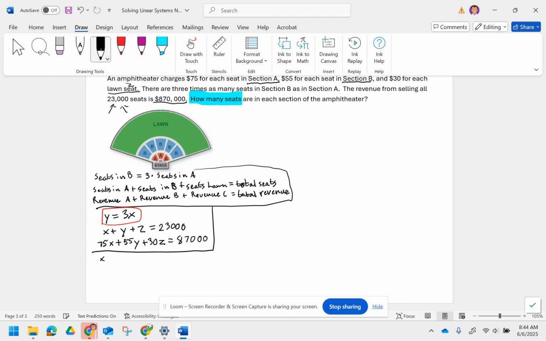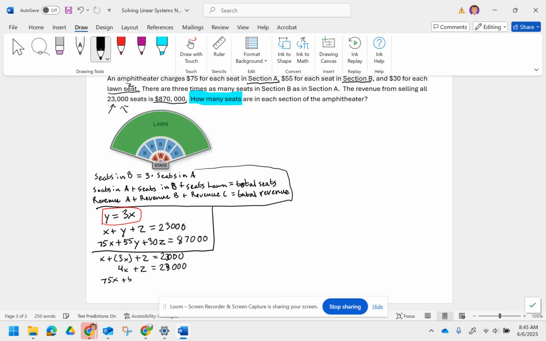I'm going to have x plus y is x plus 3x plus z. So you see just a simple substitution there. And that'll be 4x plus z equals 23,000.